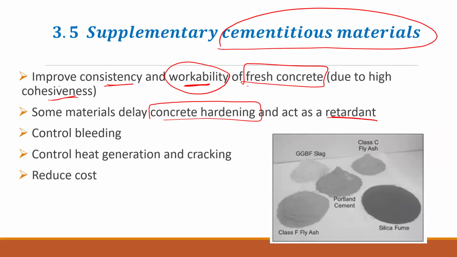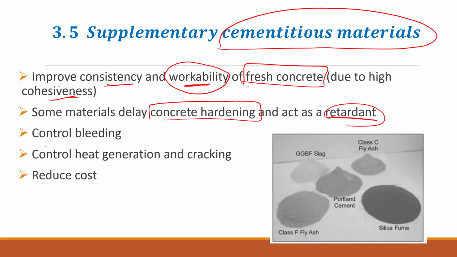The materials which accelerate hardening, we call them accelerants. Accelerants and retardants have two opposite properties. So some of the cementitious materials can delay the hardening, so we can use them as a retardant.